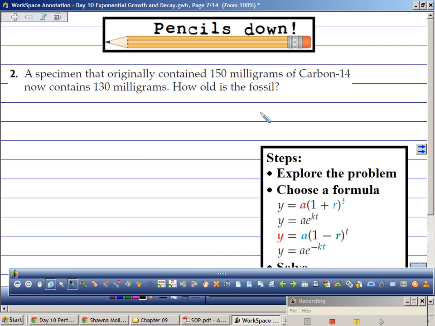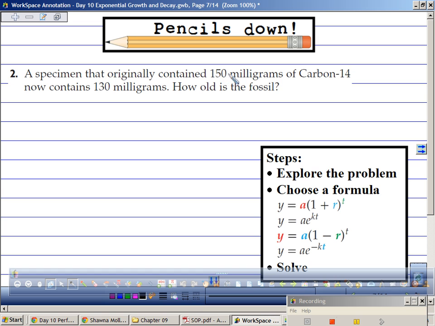A specimen, what do you think is going to happen? Science one. A specimen that originally contained 150 milligrams of carbon-14 now contains 130 milligrams. How old is the fossil?